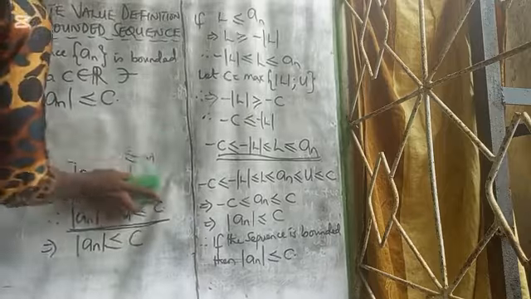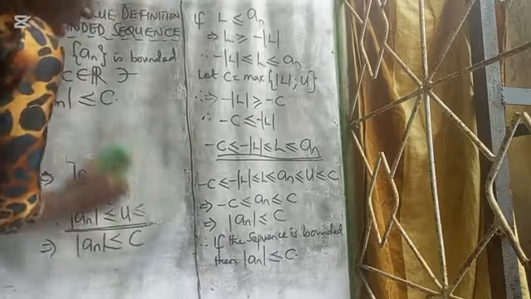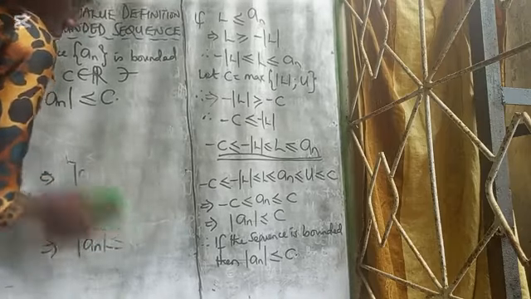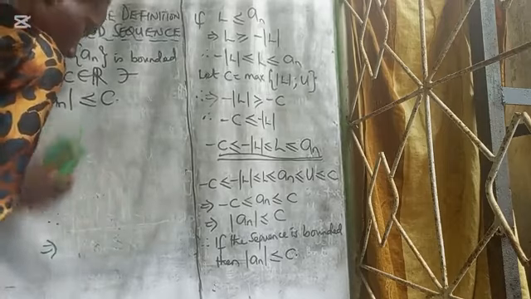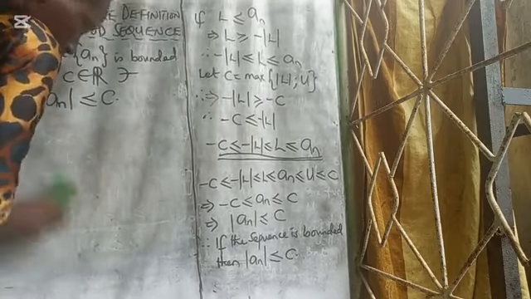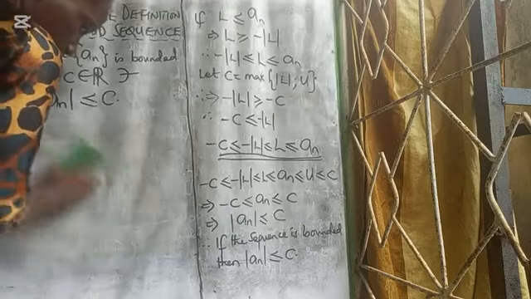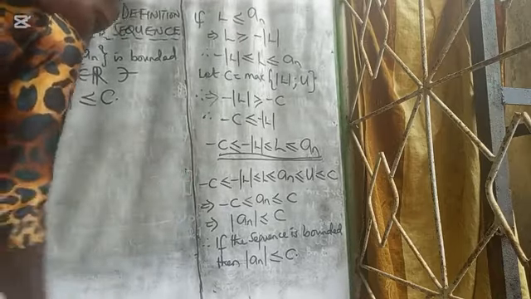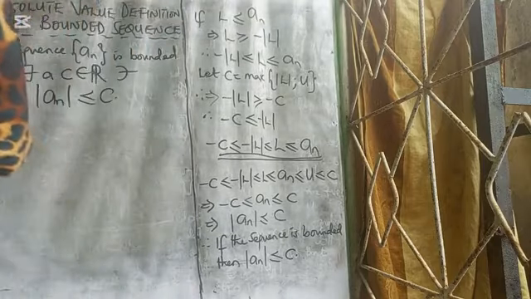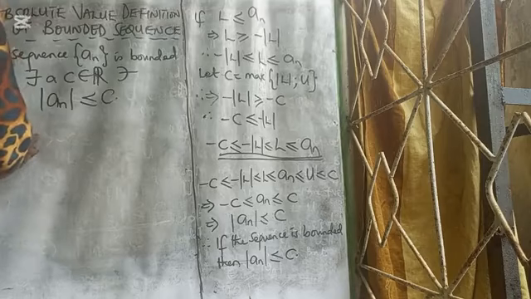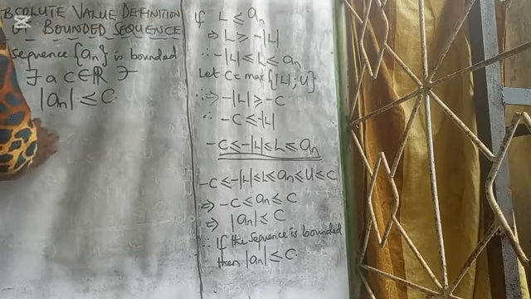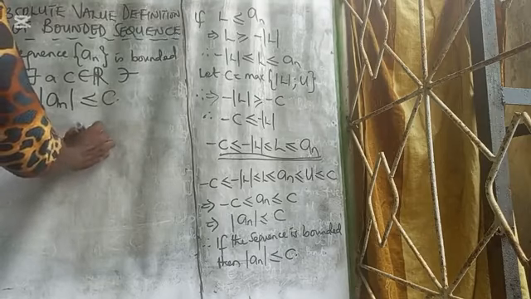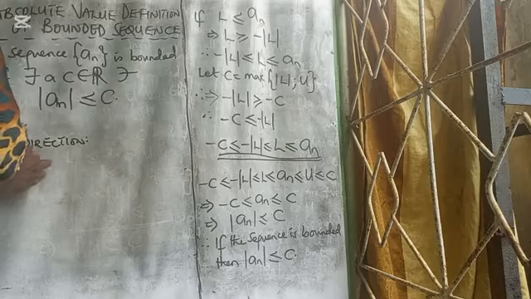And what does the second direction say? It says if the absolute value of A sub n is less than or equal to C, then what? Then the sequence is bounded. What does the second direction say?